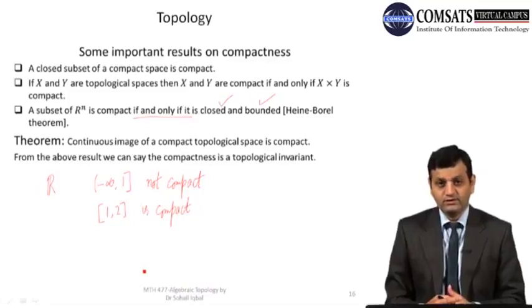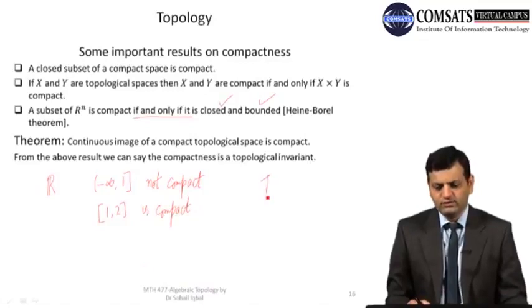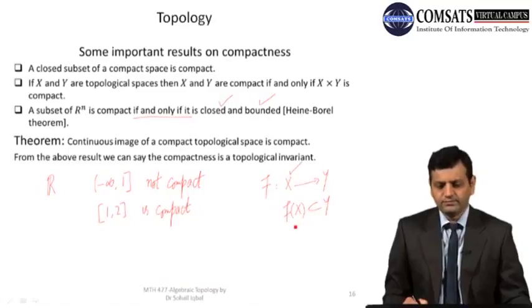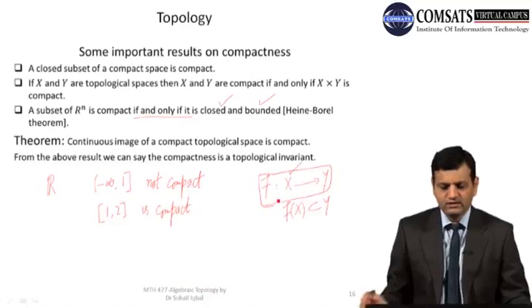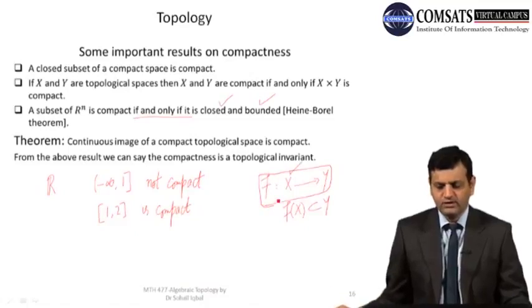So if we have a topological space which is compact, and I take its continuous image, for example f is a continuous function from X to Y, and X is a compact topological space, then f of X, which lives inside Y or is a subset of Y, is also compact. So this means that compactness is a topological invariant.